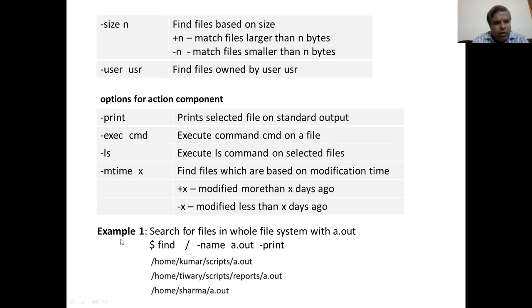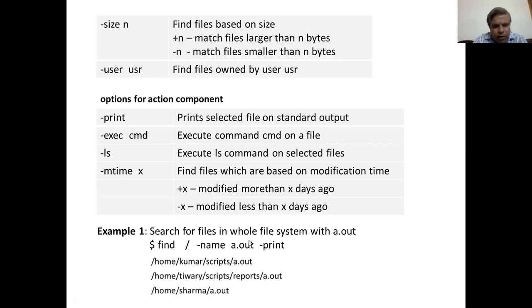So examples of using the find command. Say for example, we want to search for files in the whole system, that is from the root directory, for the file named a.out. So what is the find command? Find the path list. So you have to start search looking in the whole system, that is from the root directory and the subdirectories.